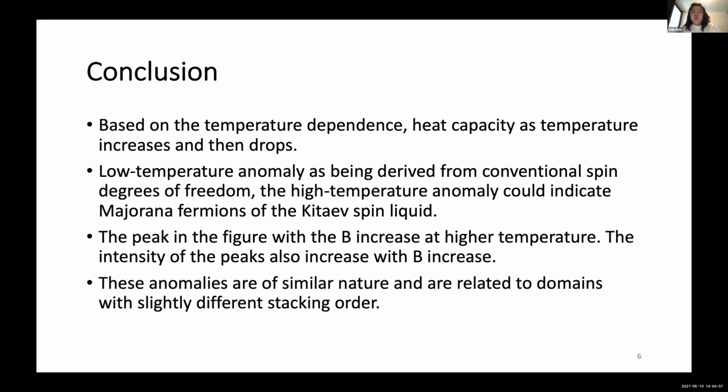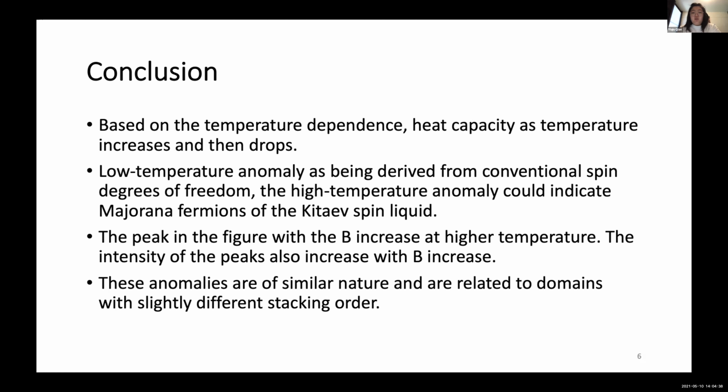So for the conclusion, based on the temperature dependence, the heat capacity increases with the temperature and then drops, which is because the low temperature anomalies are delivered from conventional spin degrees of freedom, and the high temperature anomalies could indicate the Majorana fermions of the Kitaev spin liquid.